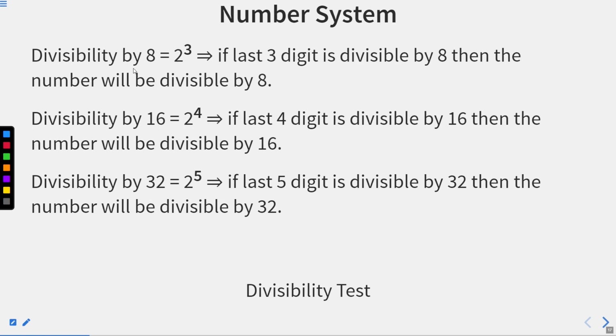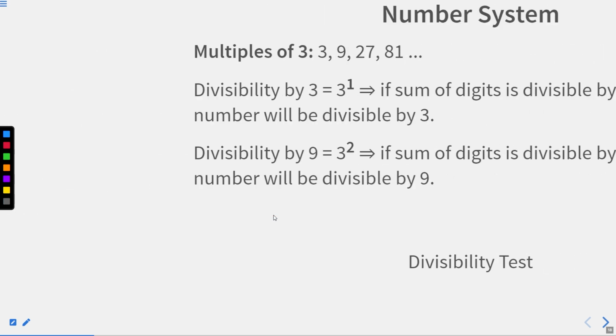If the last 3 digits are divisible by 8, then the number is divisible by 8. If the last 4 digits are divisible by 16, then the number is divisible by 16. And if the last 5 digits are divisible by 32, then the number is divisible by 32.